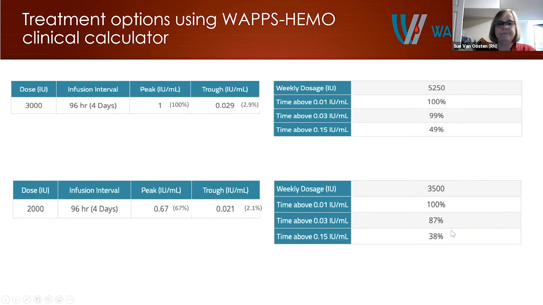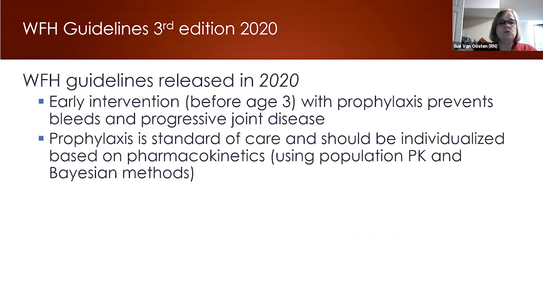Okay. So World Federation of Hemophilia guidelines released this year have two main points. One was that early intervention before the age of 3, prophylaxis should be started to prevent bleeds and extensive joint disease. Unfortunately, we still have a very large percentage of our world, up to 75% of the world, is still not able to comply with that simply because of the lack of factor product.